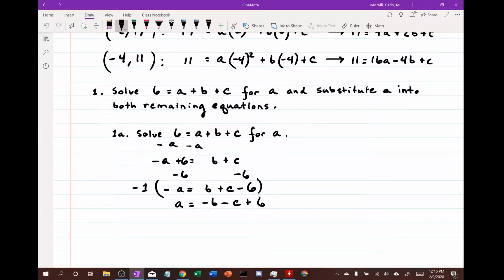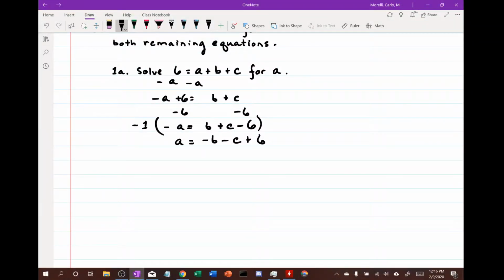Okay, so this is now part 1B. I will now substitute A equals negative B minus C plus 6 into both remaining equations.